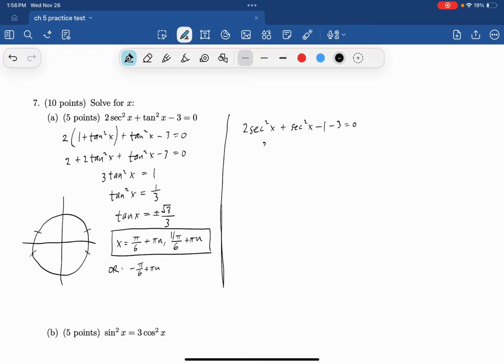So that would tell us that 3 secant squared equals 4. And so secant squared x equals 4/3, which means that secant x equals plus or minus 2 root 3 over 3, which tells us that cosine x is equal to plus or minus root 3 over 2.